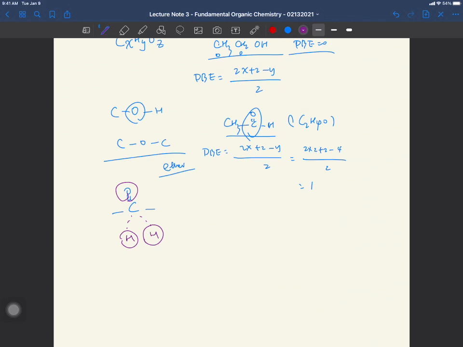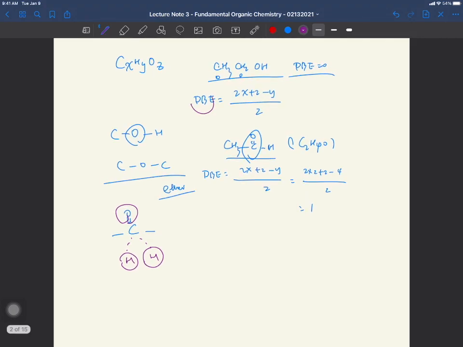So this is why, no matter what way the oxygen binds in the molecule, when we calculate DBE, we don't need to care about the number of oxygens. So I will leave one question for you to think about. If we have nitrogens in the molecule, how can we calculate DBE in that case? I think you can follow a similar idea to figure it out, but I don't have time for you to think about it right now. So leave this as your practice problem for homework, okay?